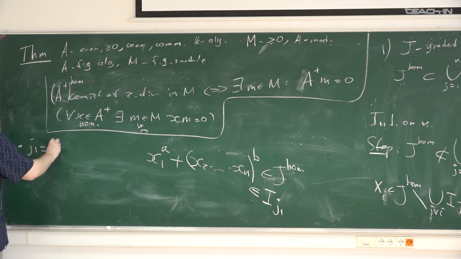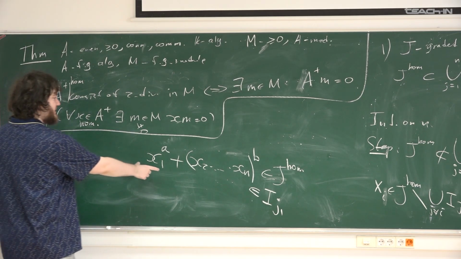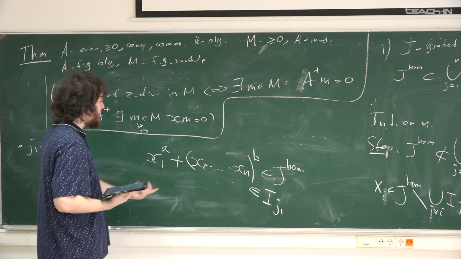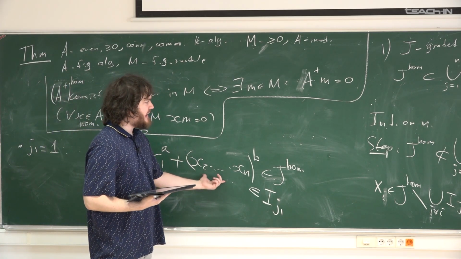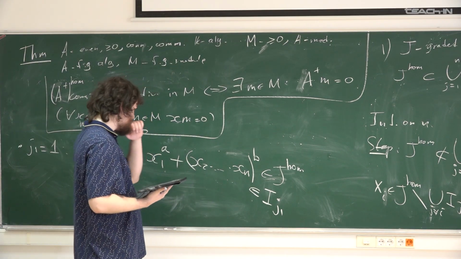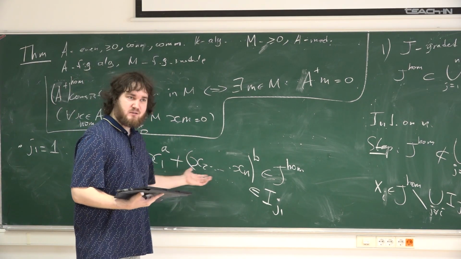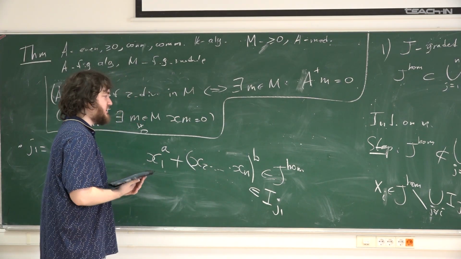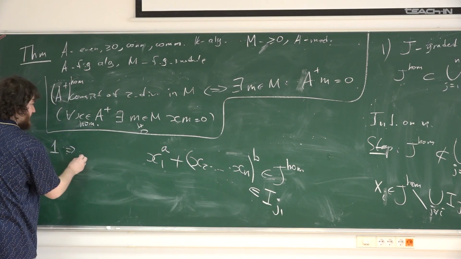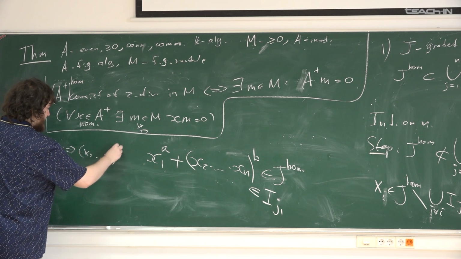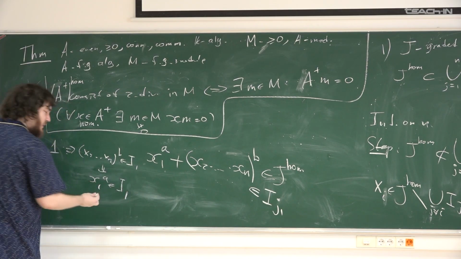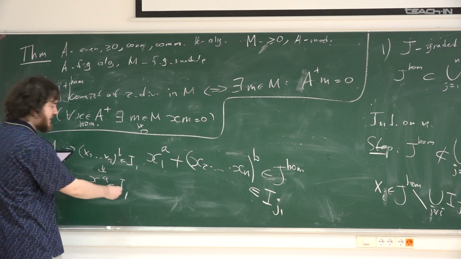If j1 is 1, this means that all these other elements are from I_1, and so this element is from I_1. But this is a contradiction, because this means that x_1 to some power is from I_1, but because I_1 is prime, this means that x_1 is from I_1.